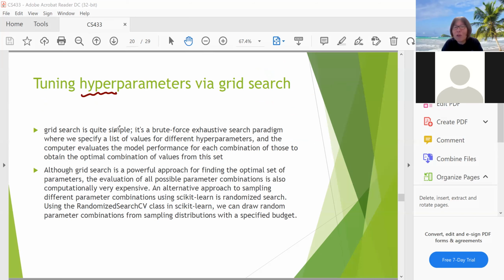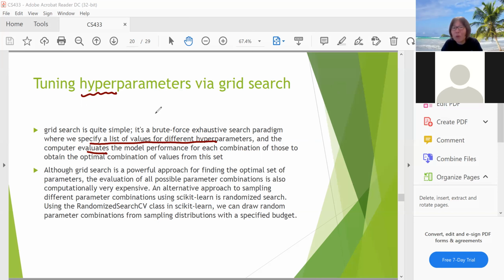It's a quite straightforward concept, a brute force exhaustive search approach. Basically, you specify a list of values for different hyperparameters, and then the model will evaluate them for you, and you can find the optimum one.